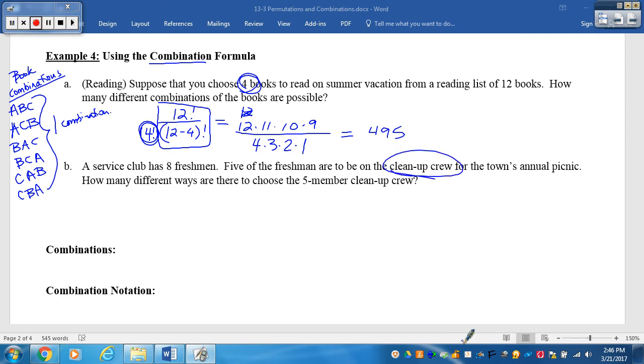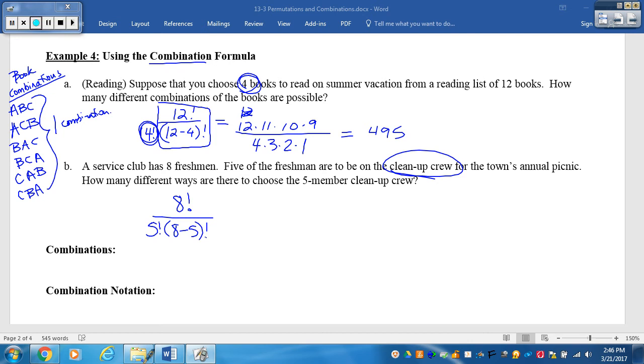And so what we're going to end up doing is this. We've got 8 freshmen, so that's the total number of possibilities with 8 people. 5 of the freshmen are going to help out. So I'm going to say the number of permutations would be that. But since order doesn't matter, I'm going to do this right here.